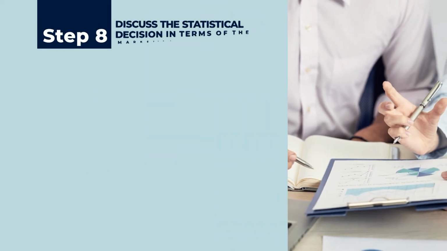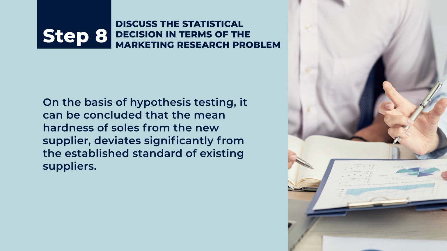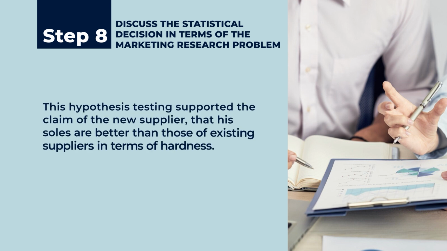Now at step 8, we discuss the statistical decision in terms of the marketing research problem. On the basis of hypothesis testing, it can be concluded that the mean hardness of soles from the new supplier deviates significantly from the established standard of existing suppliers. This hypothesis testing supported the claim of the new supplier that his soles are better than those of existing suppliers in terms of hardness.